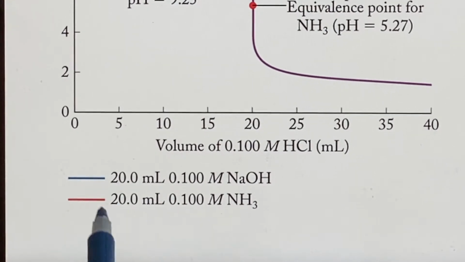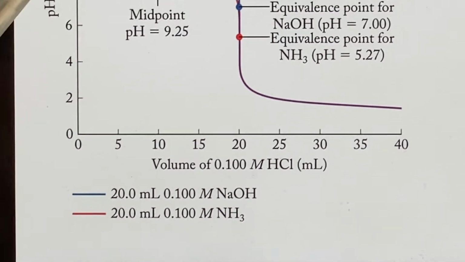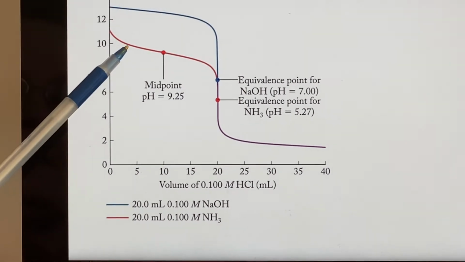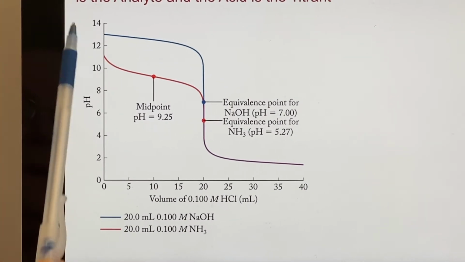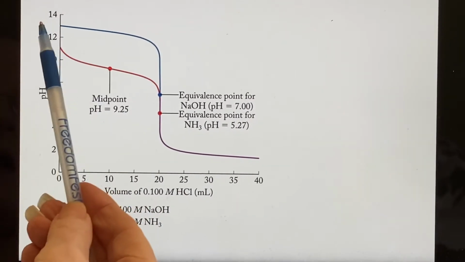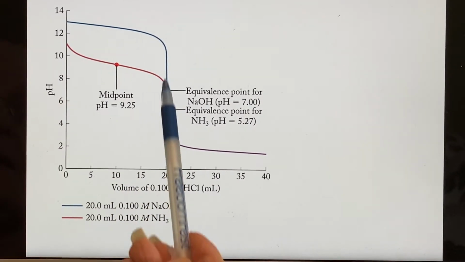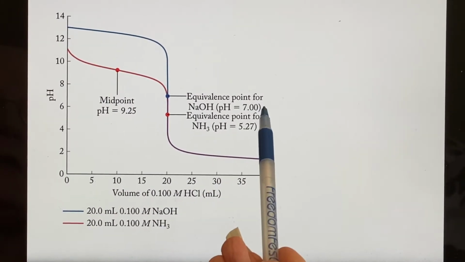You'll notice it's the same volume, it's the same molarity, but the difference is we have one that is a strong base and one that is a weak base. And you'll see that you have a similar situation as on the previous graph: the equivalence point when you're doing strong and strong is a pH of 7.